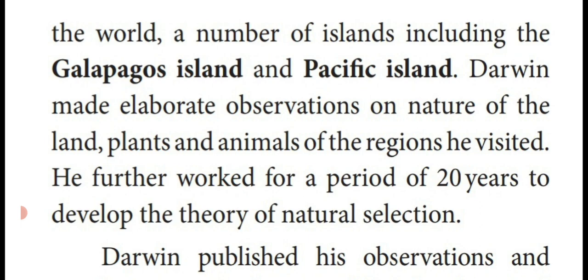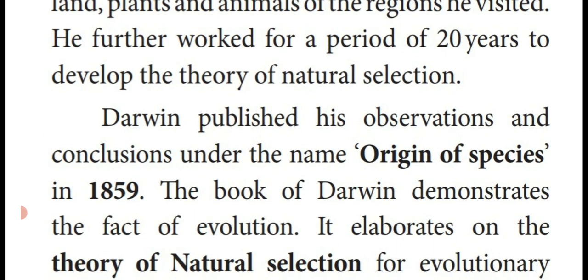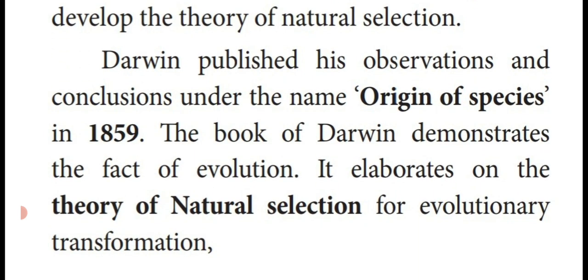After the 5 years, he worked for 20 years to develop the theory known as the theory of natural selection. Darwin published his observations and conclusions in a book known as Origin of Species, an important 1 mark question, in the year 1859.